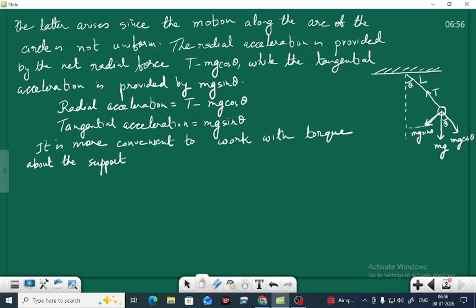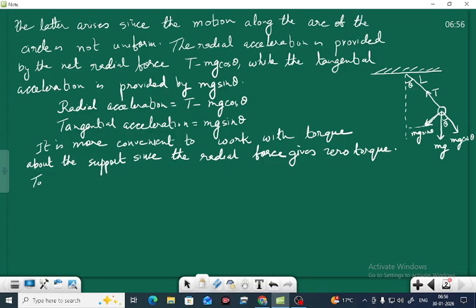So the radial force gives zero torque, since the radial force passes through the support.